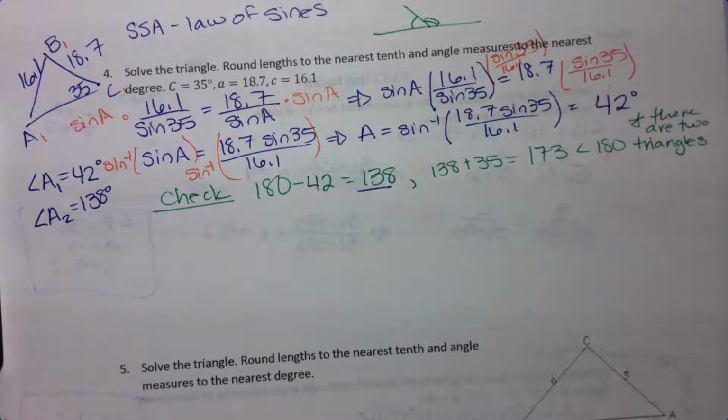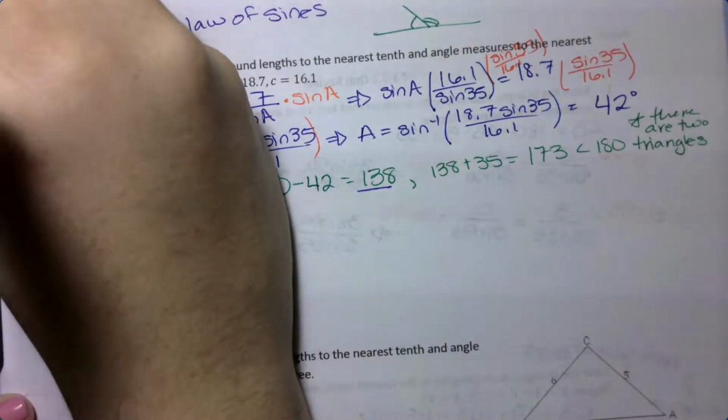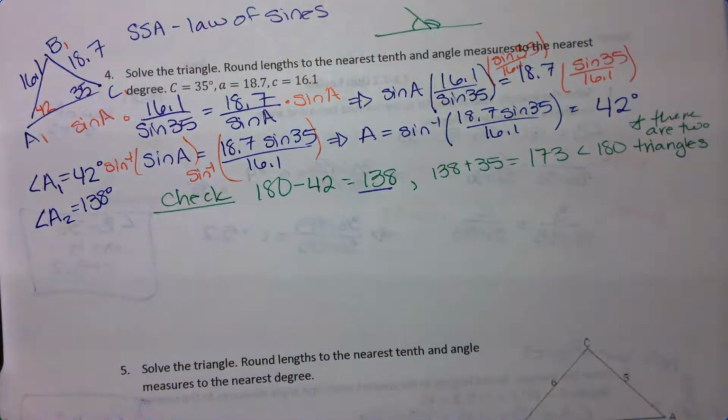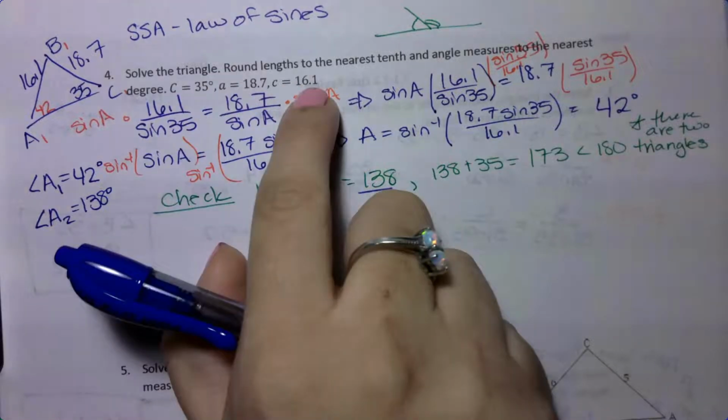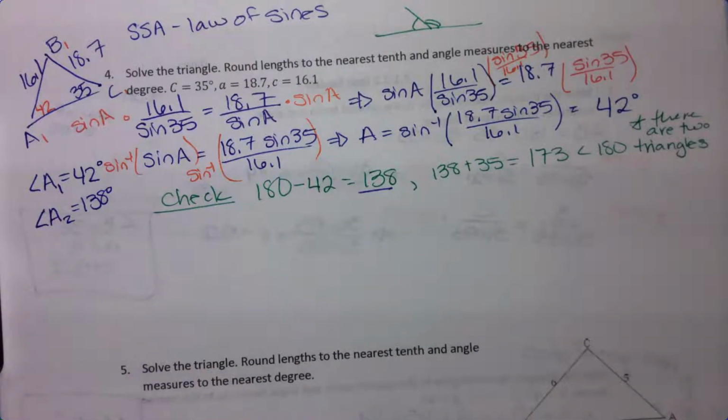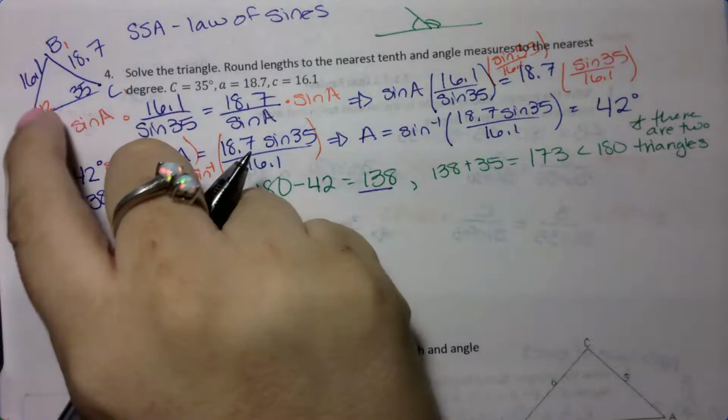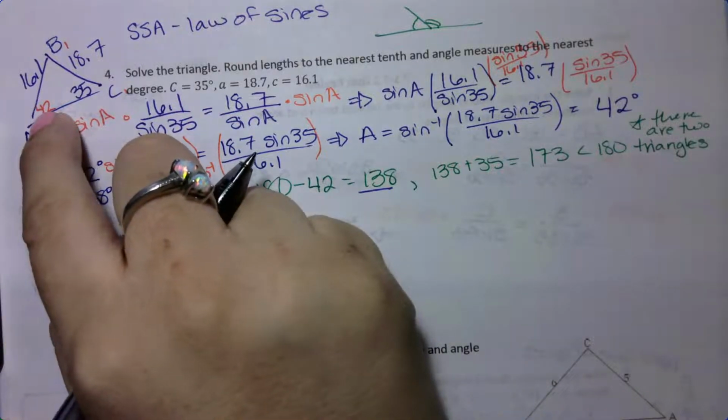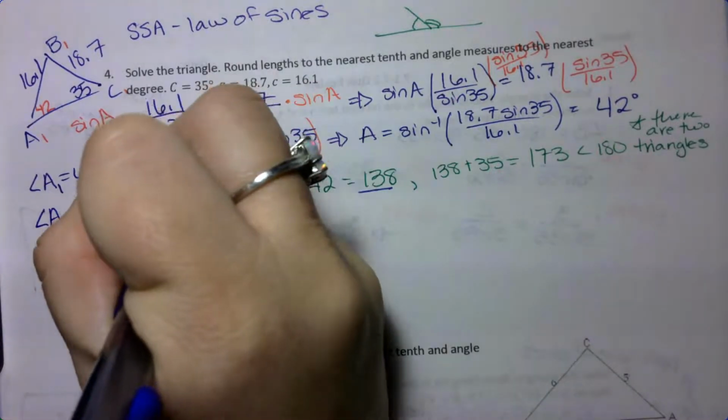And then I want to go ahead and solve this triangle like normal. Once I get all of my answers, I'm going to go back and solve the other triangle with changing A to 138. Everything I have written in blue will be the same for my second triangle because it came from the original problem.